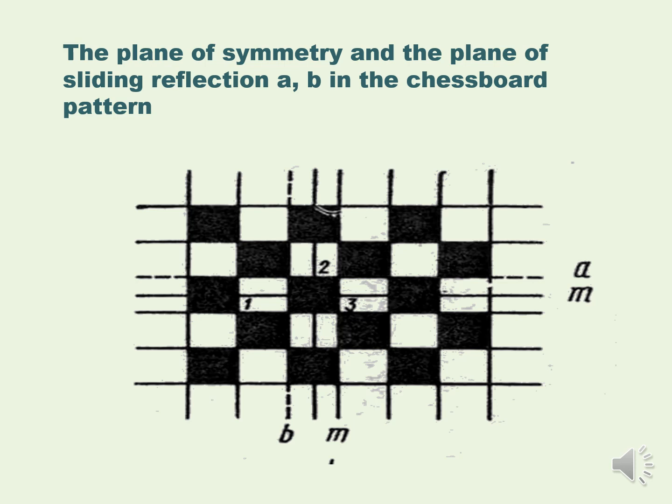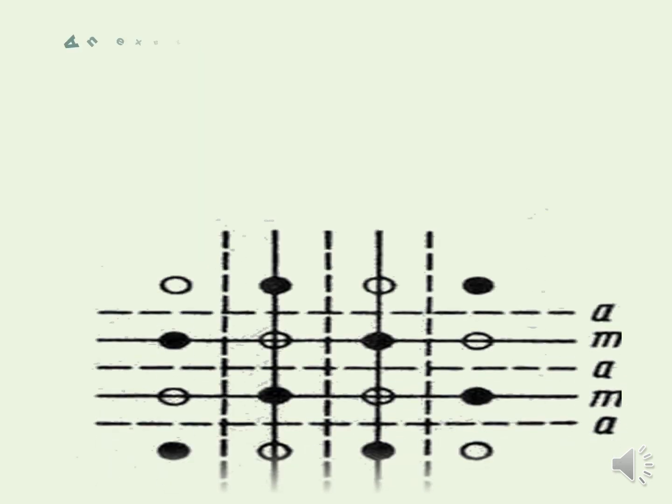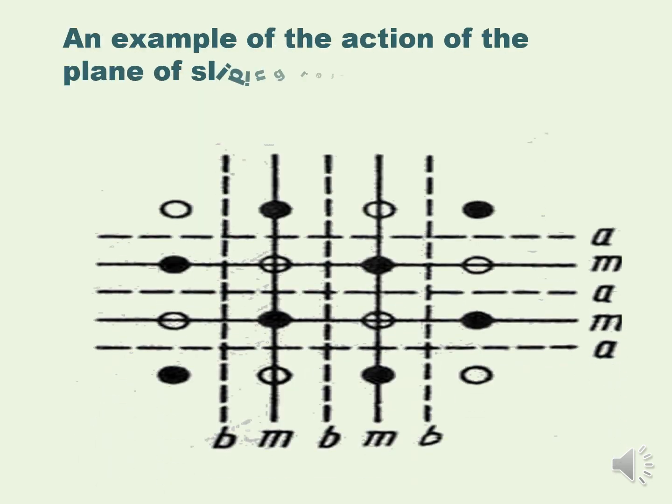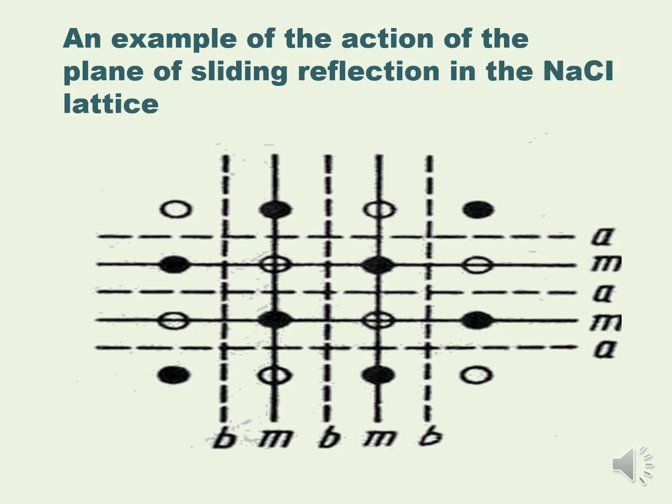The same sliding reflection planes can be found in a flat grid of the sodium chloride structure. You can see here, where sodium is a black circle, it will be combined with another sodium ion if it is reflected in the plane of gliding reflection B and transferred along the plane by B derived 2.